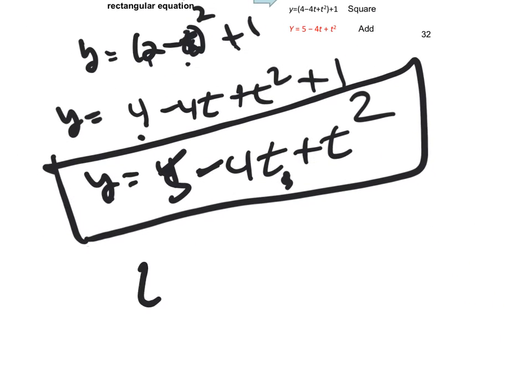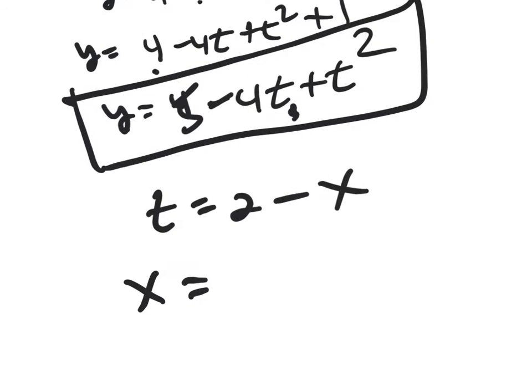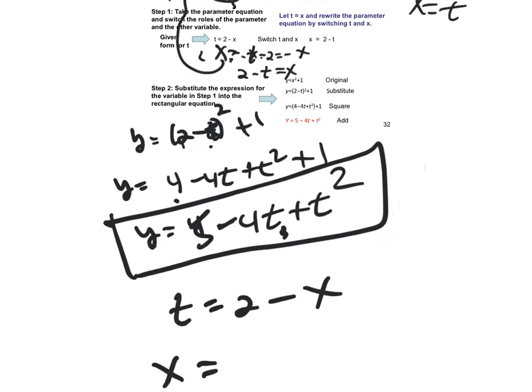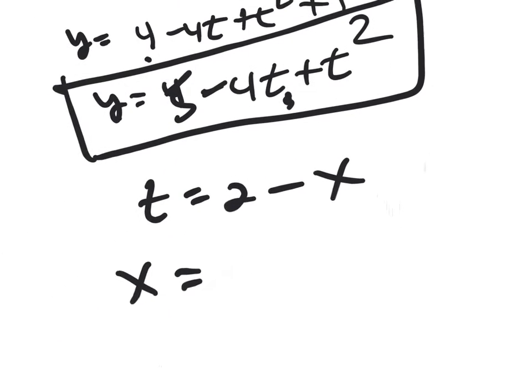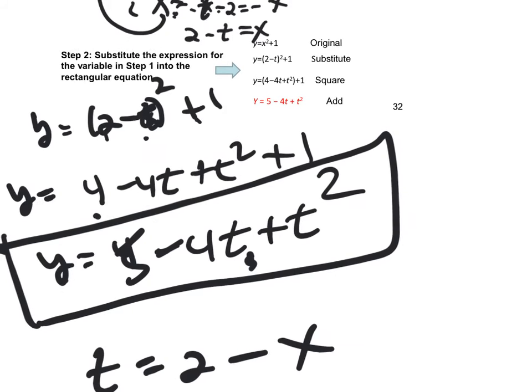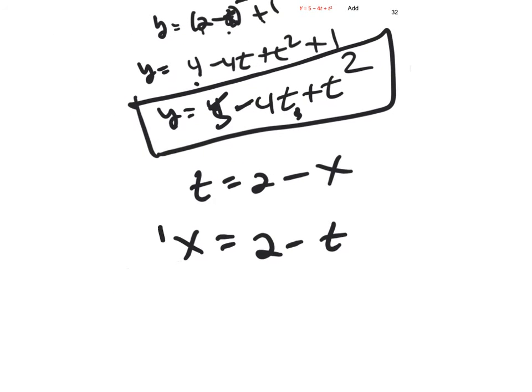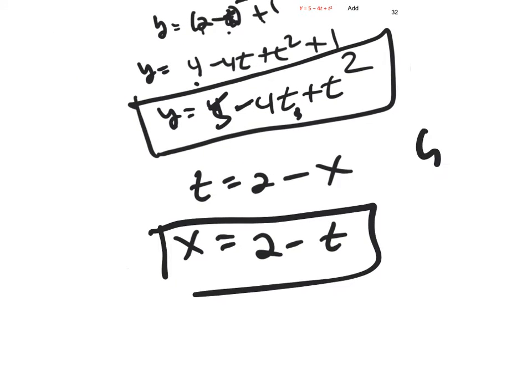When he said let t equal 2 minus x, then just like I told you a minute ago, x is actually equal to 2 minus t. Isn't that kind of silly? It's kind of the same switching. It works out the same way. So there's my y of t. There's my x of t.